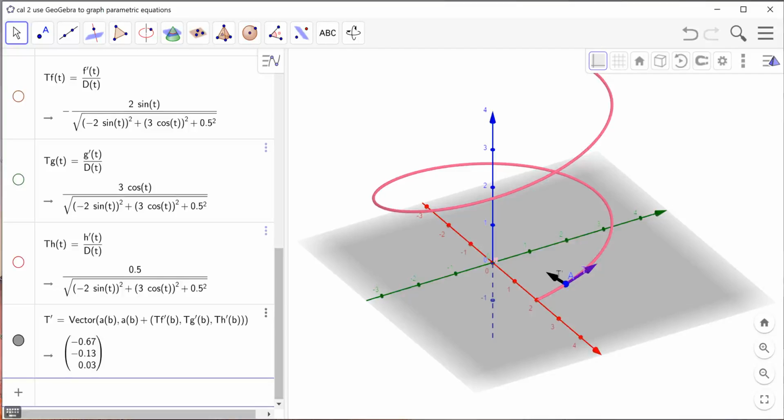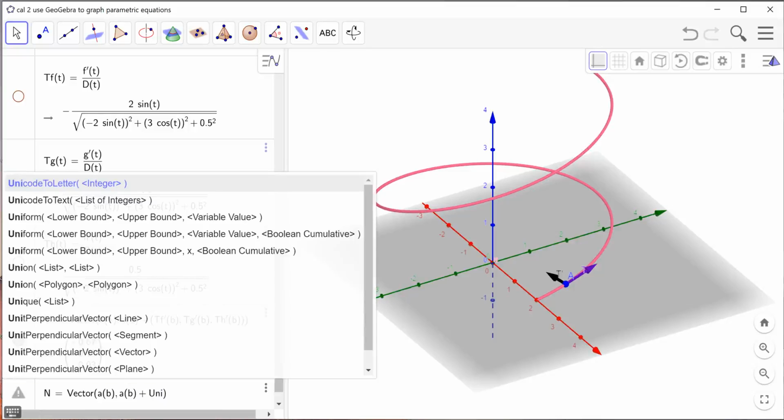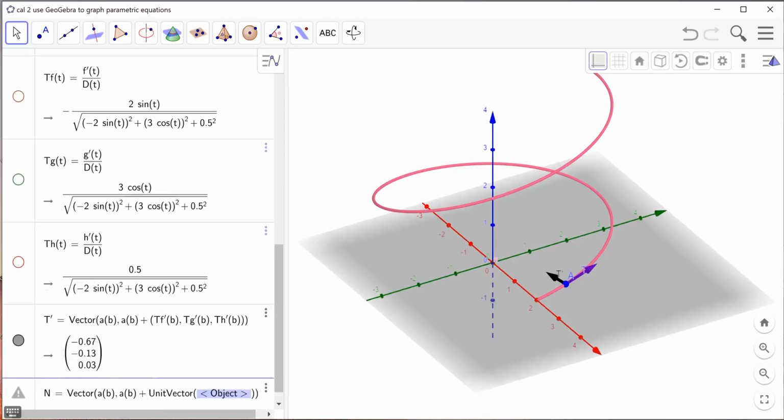But the principal normal vector is going to be a unit vector. So that's why, finally, N is a vector whose start point is A of B, plus the unit vector of our vector T prime.